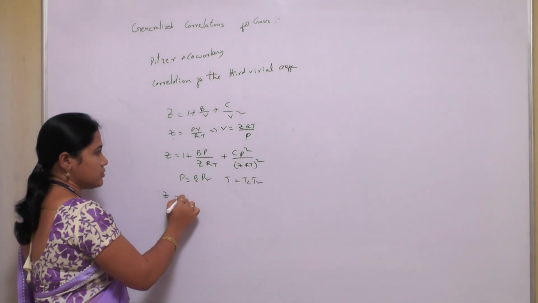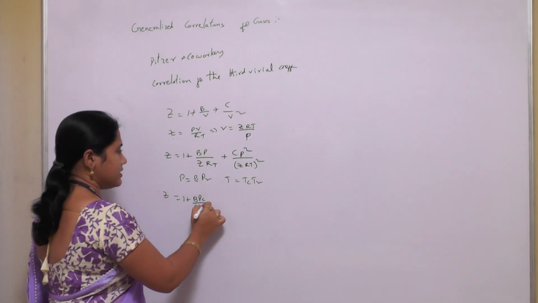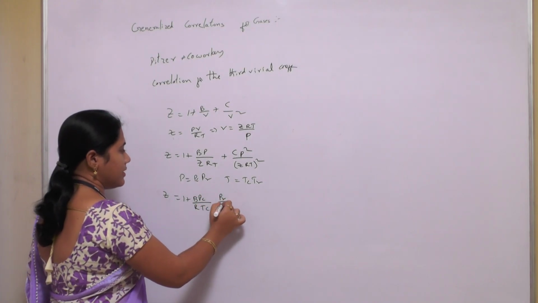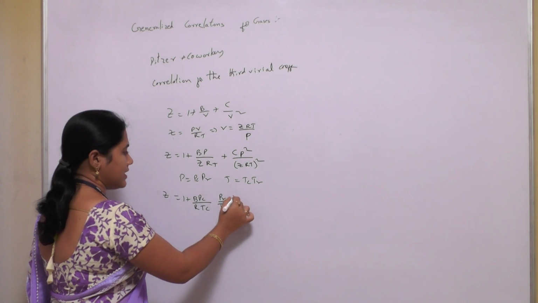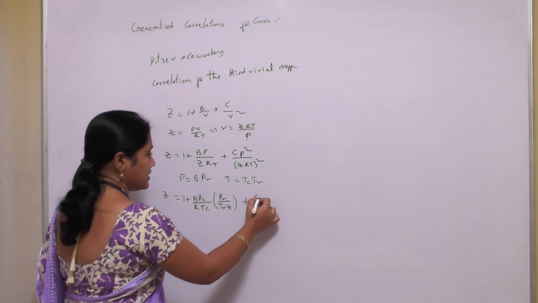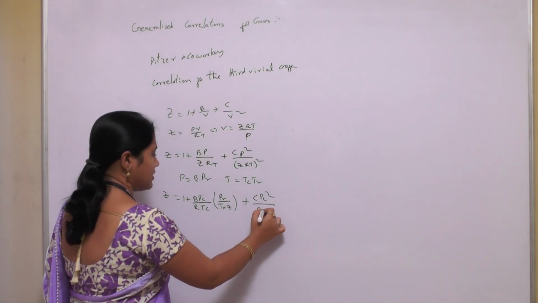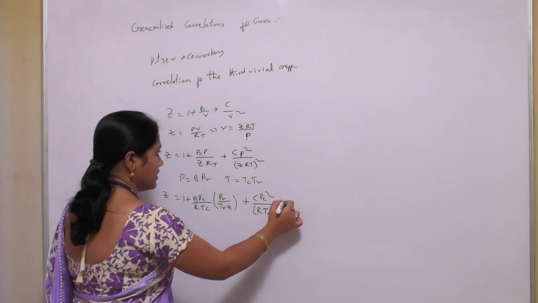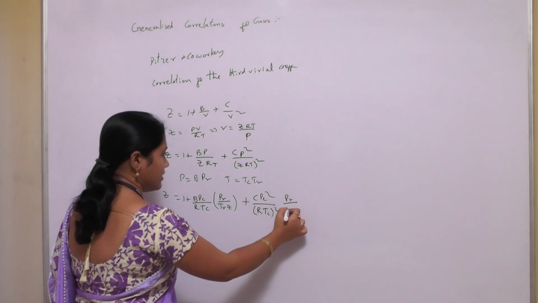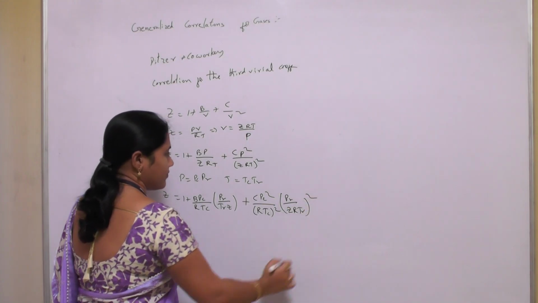So Z equals 1 plus BPC by RTC, PR by TR into Z, and CPC square by RTC square, PR by ZTR whole square.